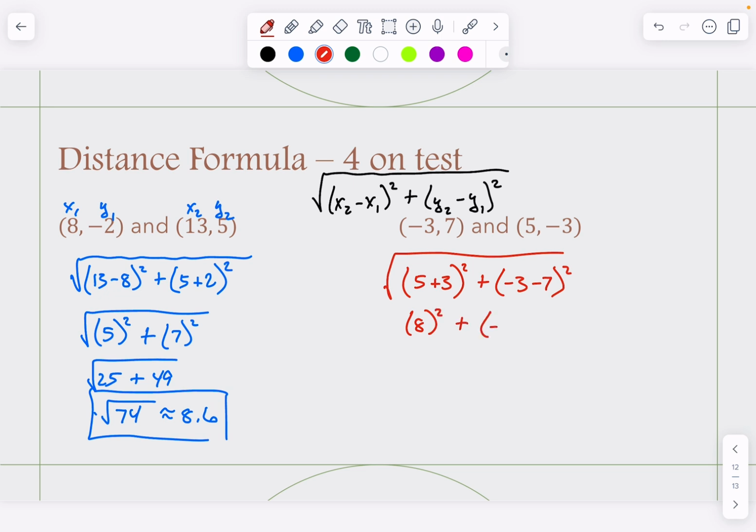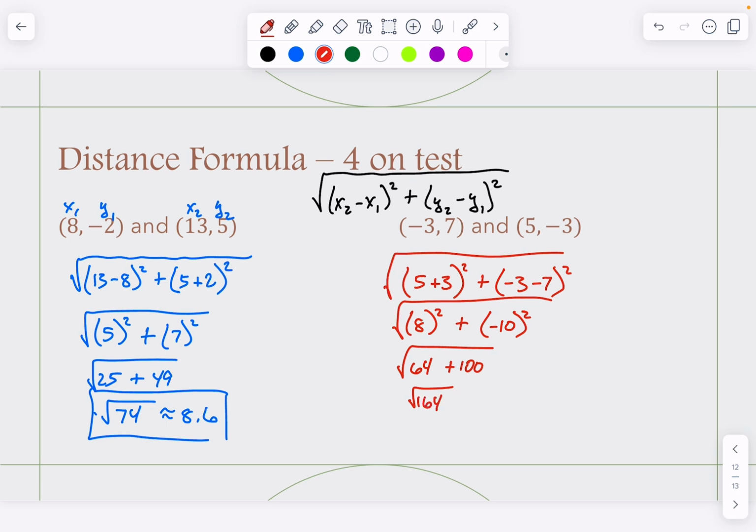Negative 3 minus 7 is negative 10, which will be squared. Don't worry about the negative in this step because the squaring of the negative is going to make the negative go away. 8 squared is 64. Negative 10 squared is 100. 100 plus 64 is going to be 164.